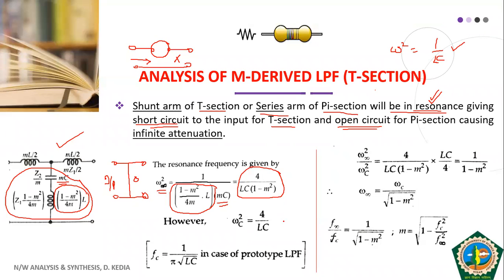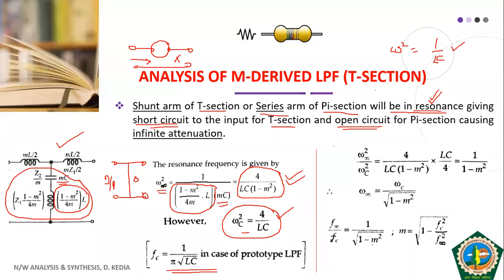Okay, and if you remember, we had derived the cutoff frequency for the prototype low pass filter. This is what we had obtained in previous classes. So we have omega c square equal to 4 by LC as cutoff frequency of the prototype low pass filter, and we have this frequency as the infinite frequency or the resonance frequency of the M-derived low pass filter.